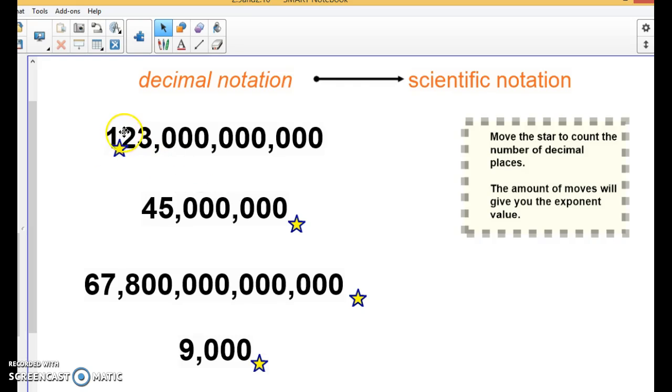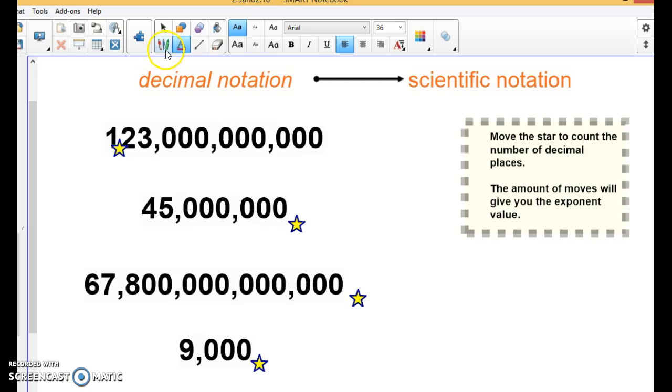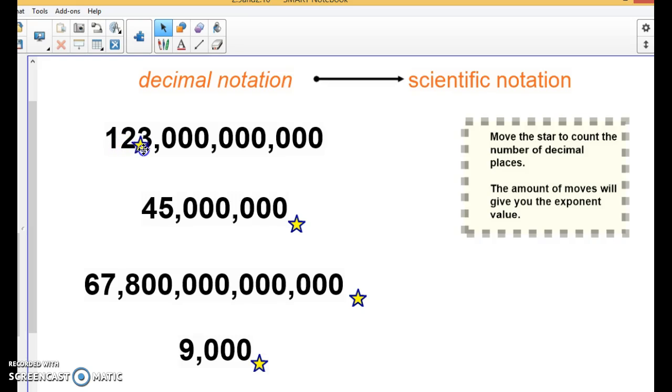So instead of saying that big long number, I can say 1.23, and then I would figure out how many times I'd move that decimal. So I would say 1, 2, 3, 4, 5, 6, 7, 8, 9, 10, 11. So I could say 1.23 times 10 to the 11th power.